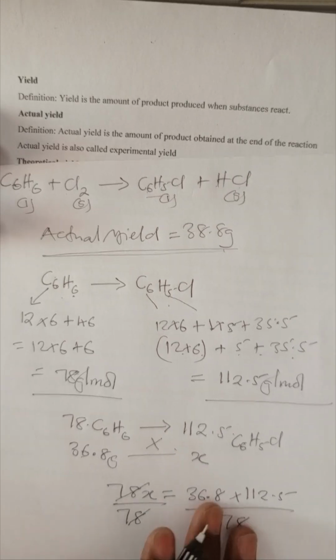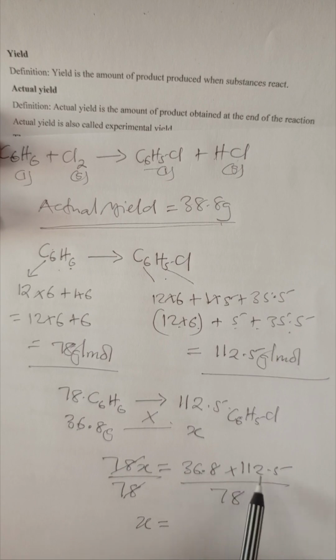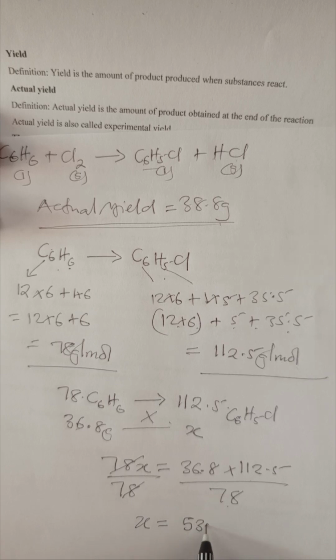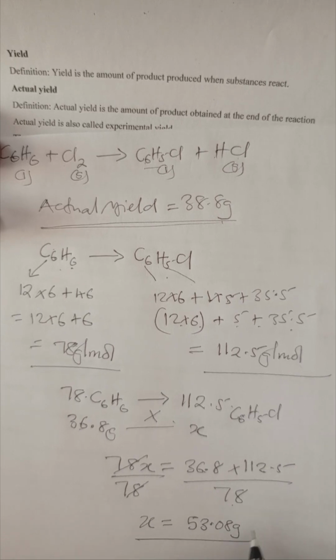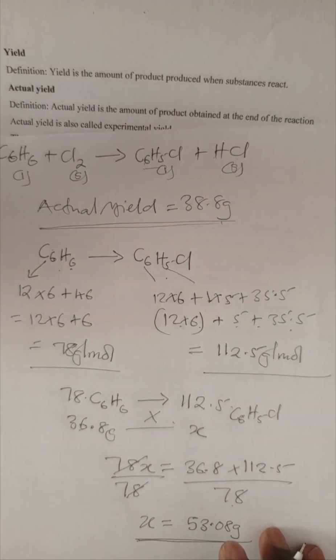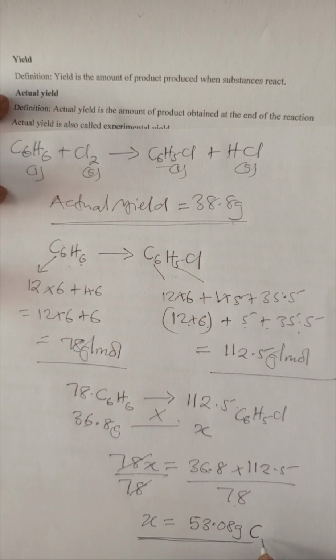Here you have x is equal to this multiplied by this, and then divided by 78. What you're going to get is 53.08 grams. This is the theoretical yield of chlorobenzene.